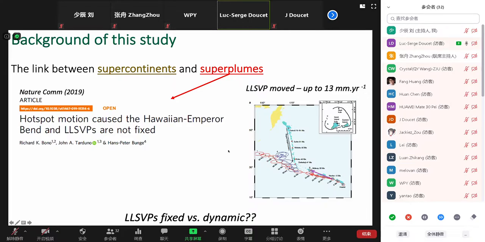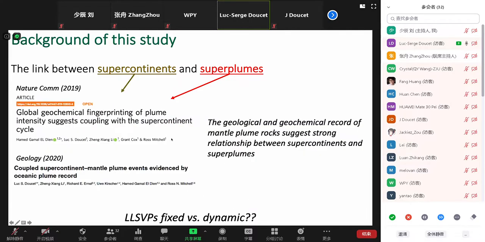We know about the supercontinent cycles. We have published a couple of papers in the past year, I would say, which show a link between the formation of the plumes and the supercontinent cycle. The first paper is by Hamed Gamal Eldien, a PhD student at Curtin. He showed, using global geochemical fingerprinting of plumes, that the intensity of these plumes through time is controlled by the supercontinent cycle.